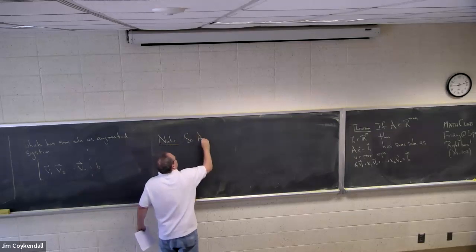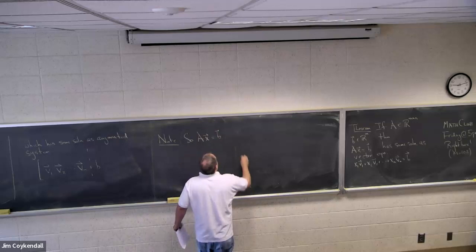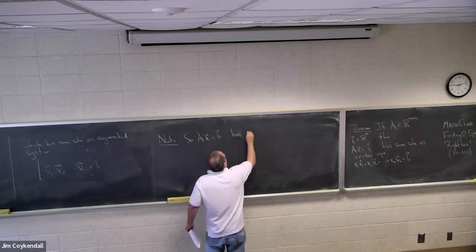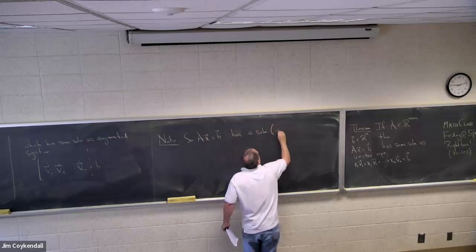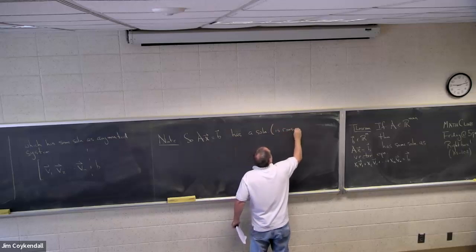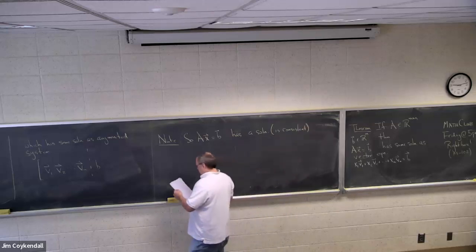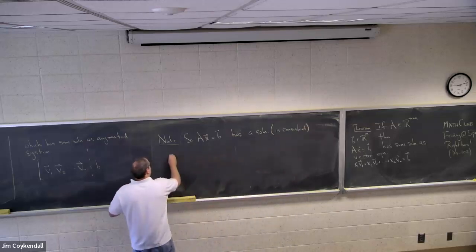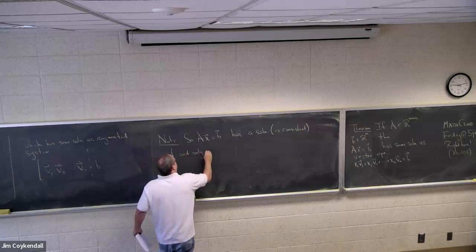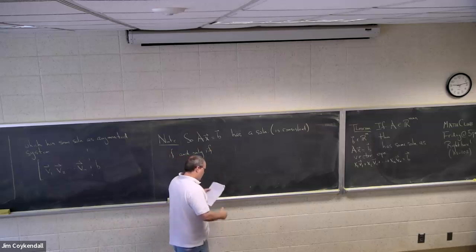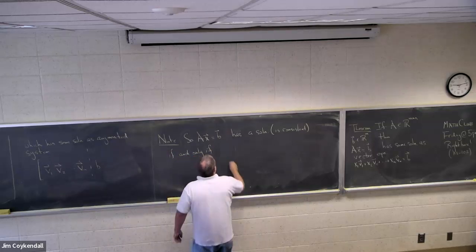So let me make the following note. Ax = b has a solution, that is to say, is consistent, if and only if b is in the span of the columns.